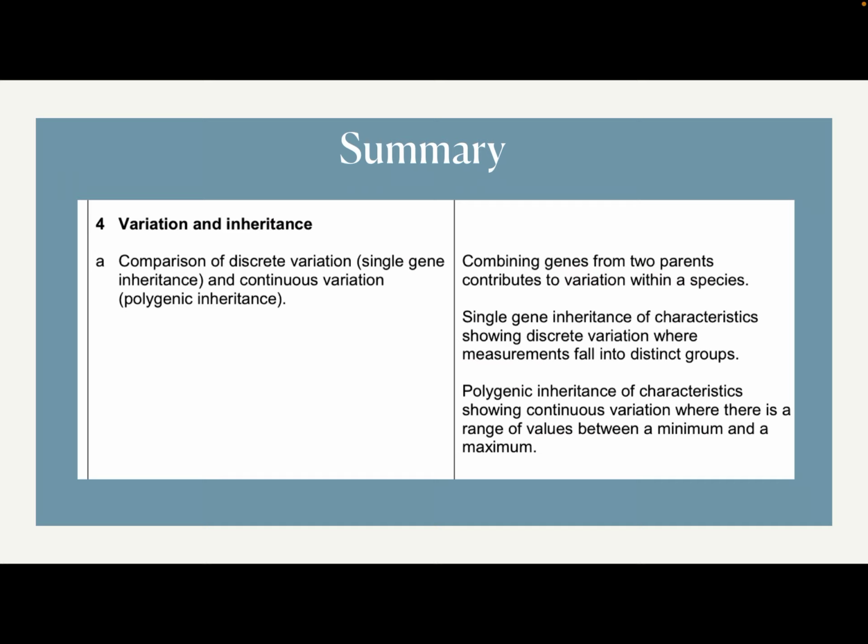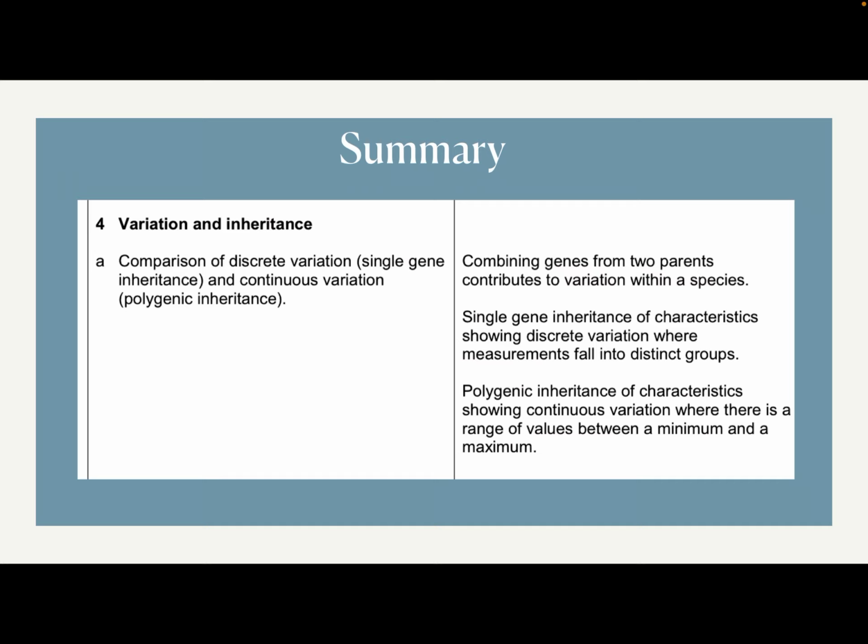This is a summary of what you need to know for the first part of the unit then. You need to be able to do a comparison of discrete variation caused by single gene inheritance and compare that to continuous variation caused by polygenic inheritance. Combining genes from two parents contributes to that variation within a species. So sexual reproduction leads to variation within a species because you're getting different versions of the same gene from each parent.